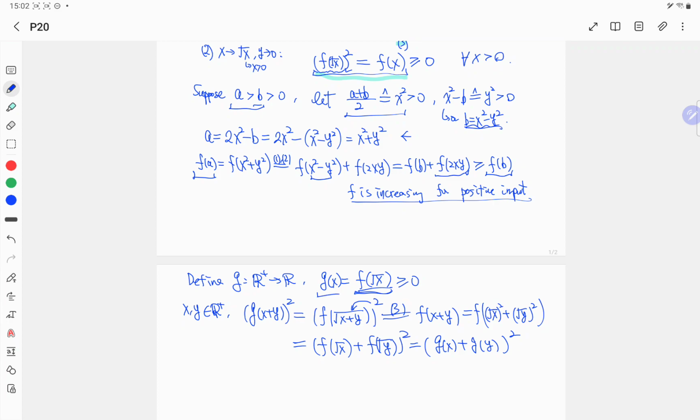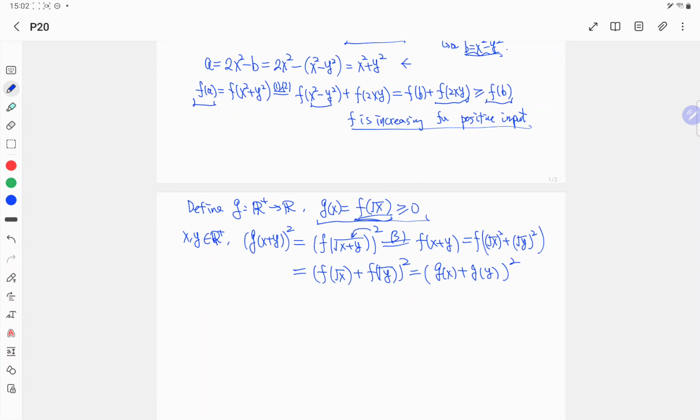Okay, from here we know that g is always a non-negative number, so we can just take square root on both sides, so that we have g of x plus y equals g of x plus g of y.